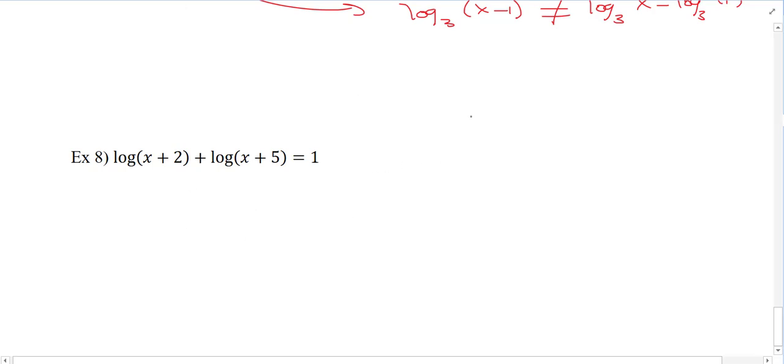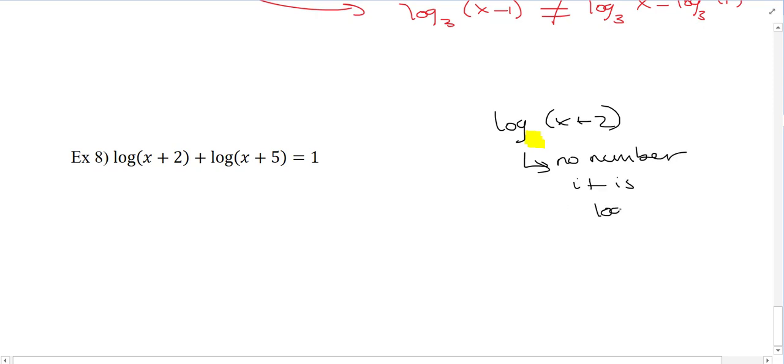Well, first of all, when you don't see a base, like in this case, log of x plus 2, what does that mean? What's the base? It is understood, by convention, that when there's no number there, it is log base 10.